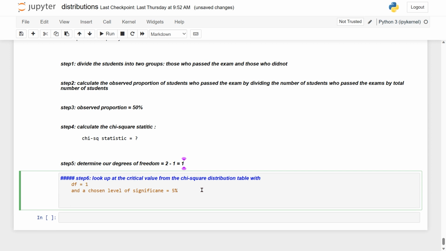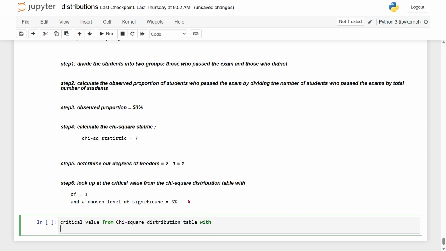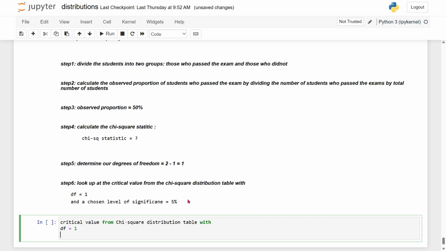So my critical value from chi-square distribution table with df equals 1 and level of significance equals 0.05, then the critical value is 3.84. So this is what I got. So 3.84.